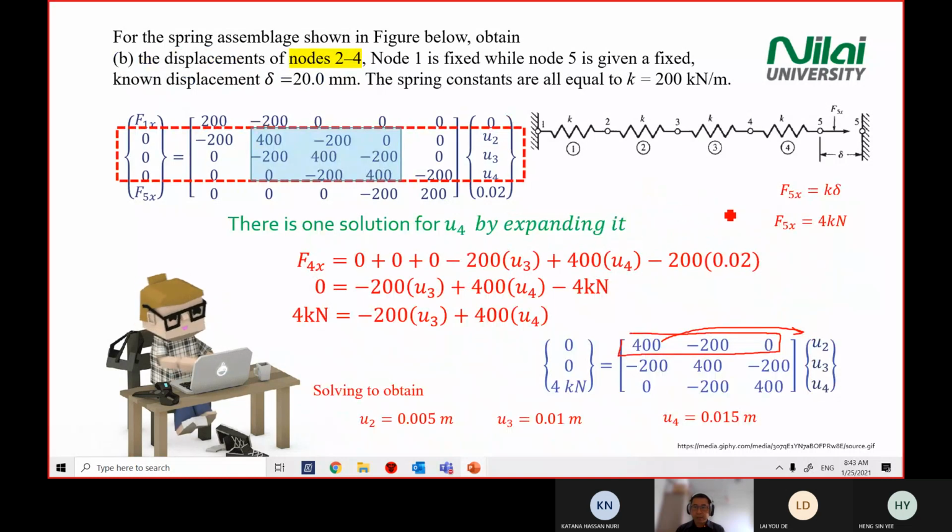Yeah, so point number 5 here is an external force, correct? The value is 4 kilonewtons. However, these forces are distributed into the body.